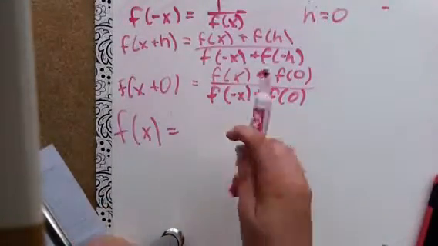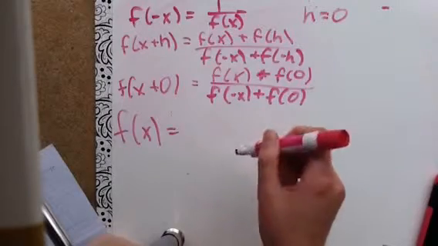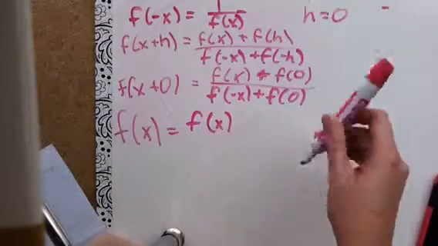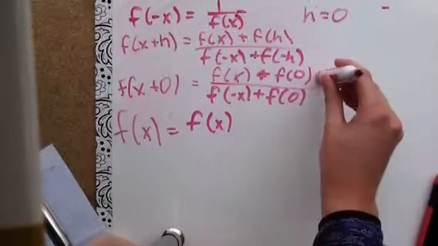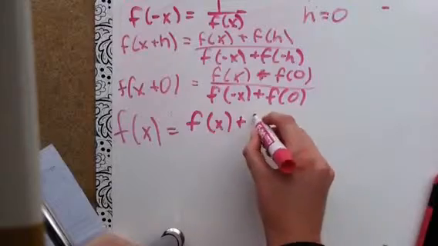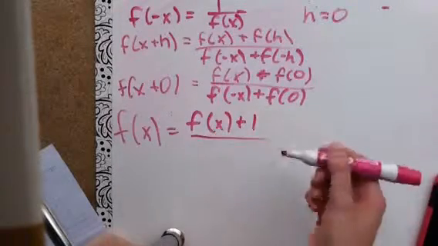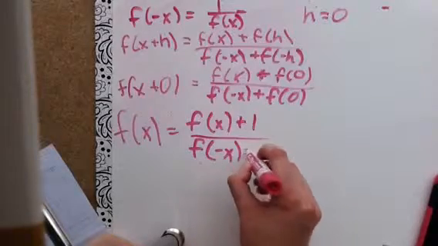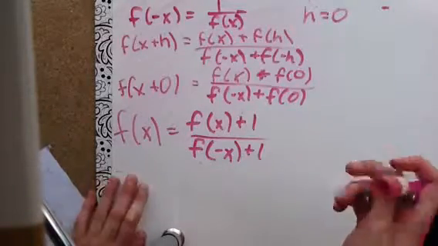Now we are going to finish this. From A, we figured out that f of 0 equals 1. So we're going to plug in 1 for all places where it says f of 0.